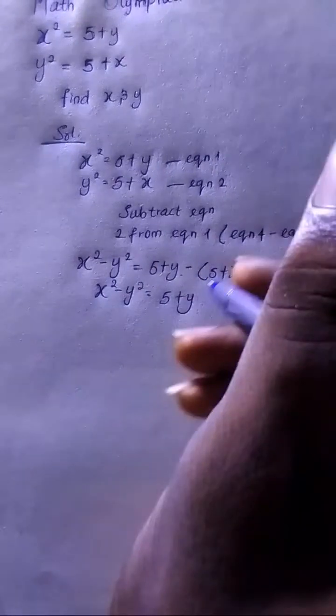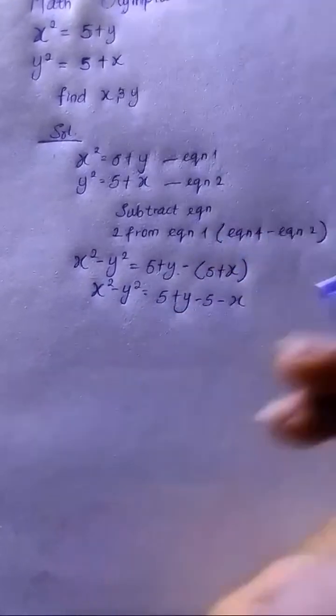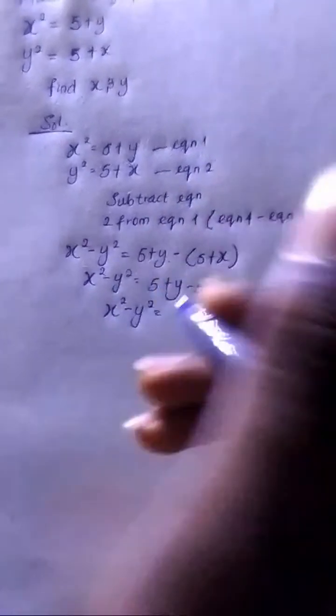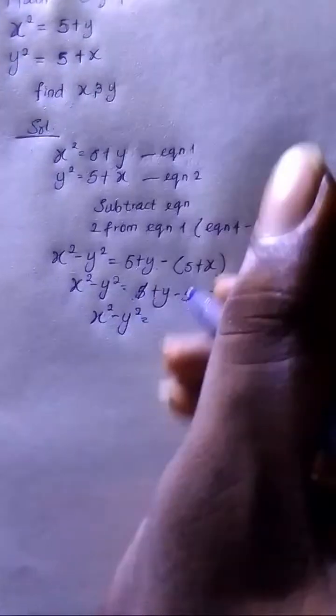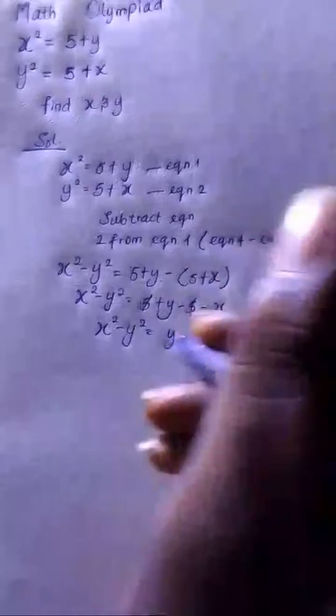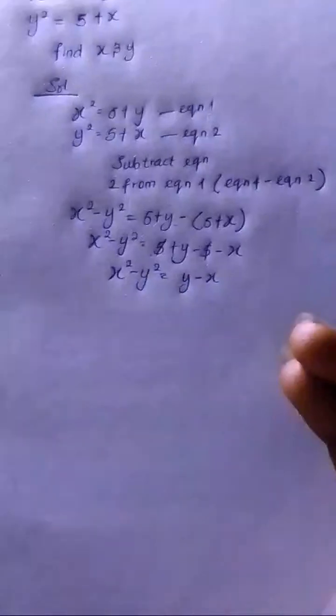This minus will open the bracket: 5 gives minus 5, and minus times plus gives us minus x. So x squared minus y squared equals 5 minus 5 cancels, so we have y minus x.